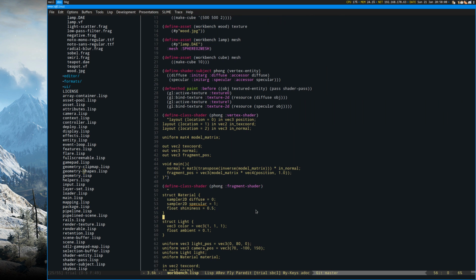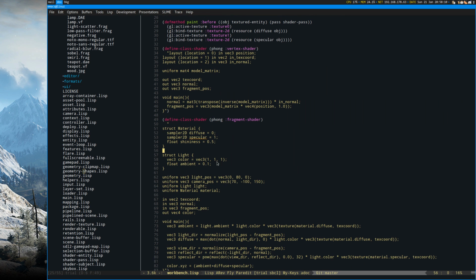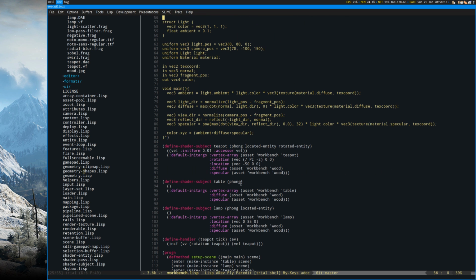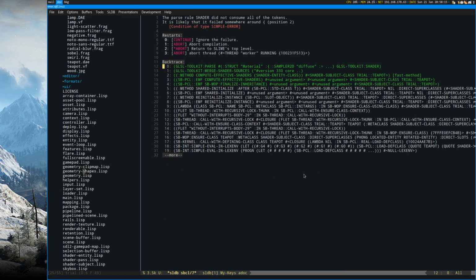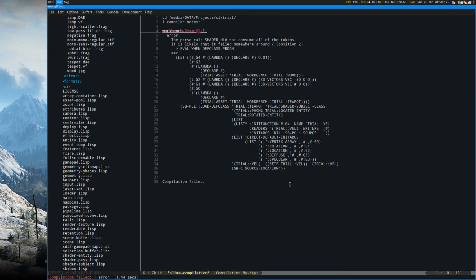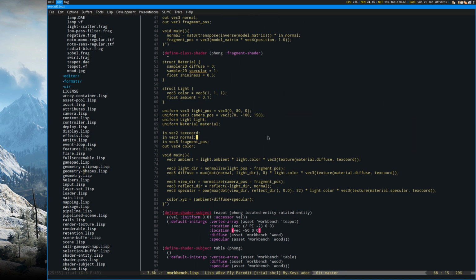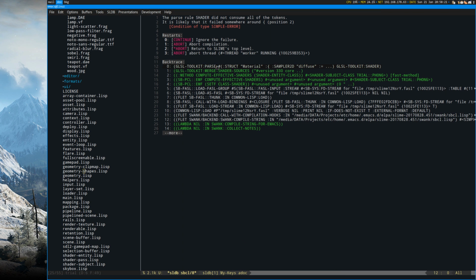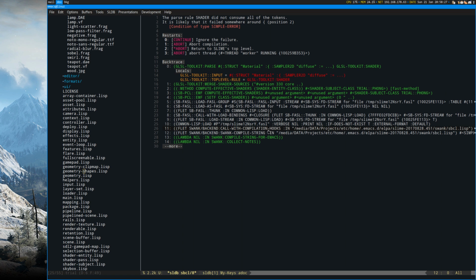Did not consume all tokens. Means I probably can't do this. Damn it. What does it say? Wait, not all tokens.